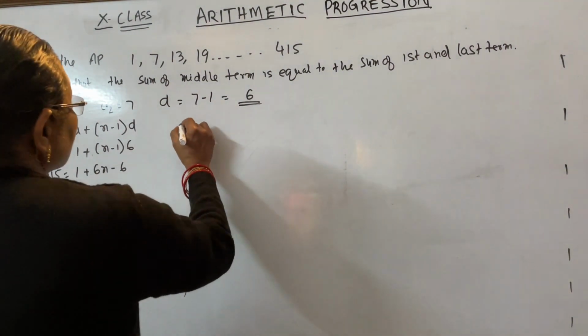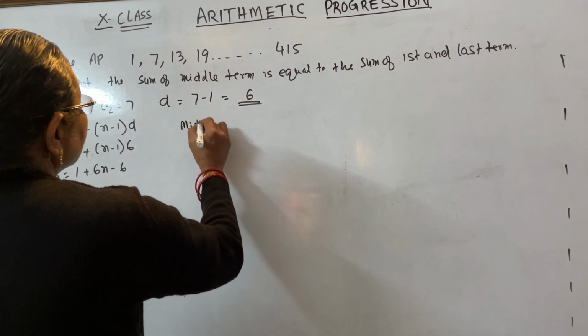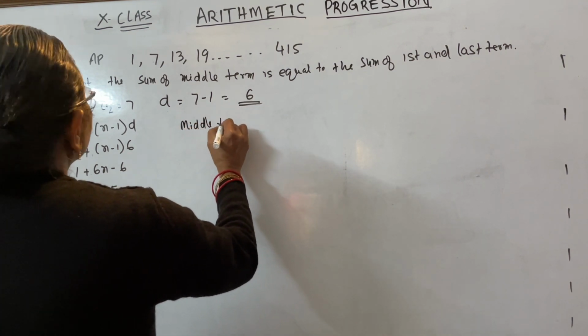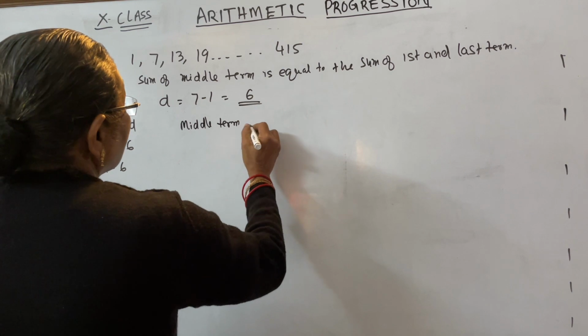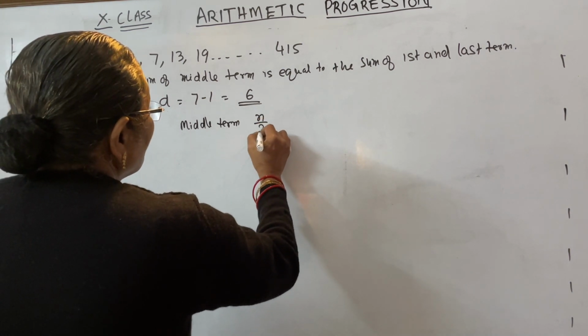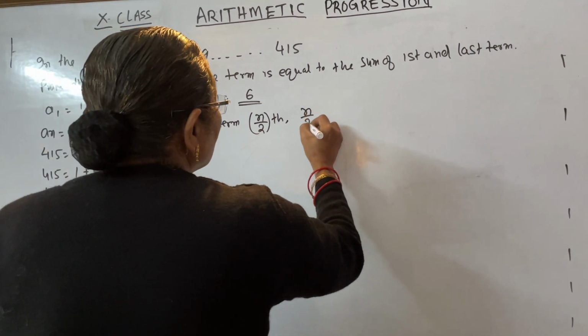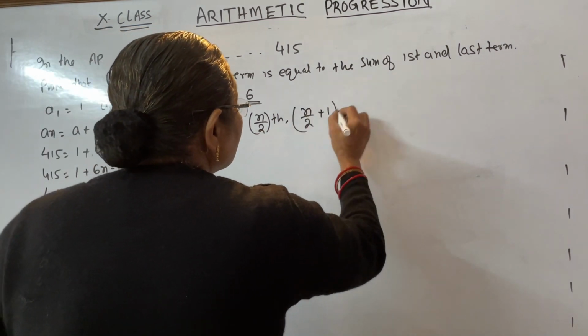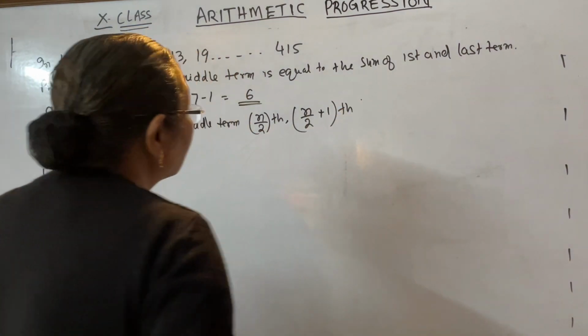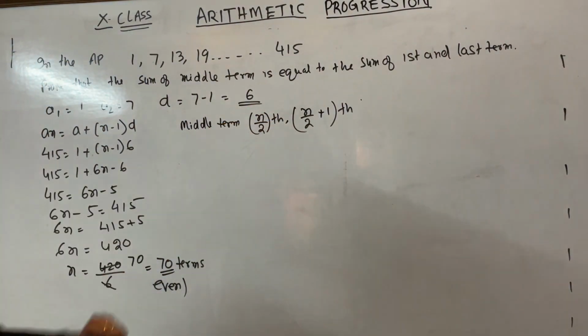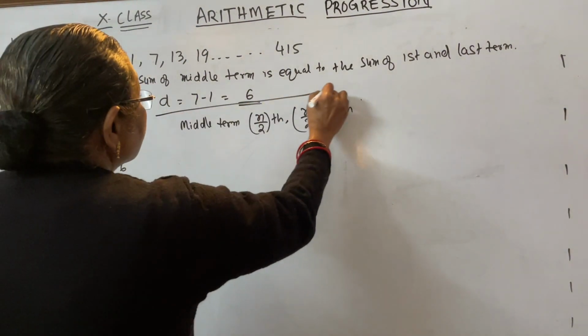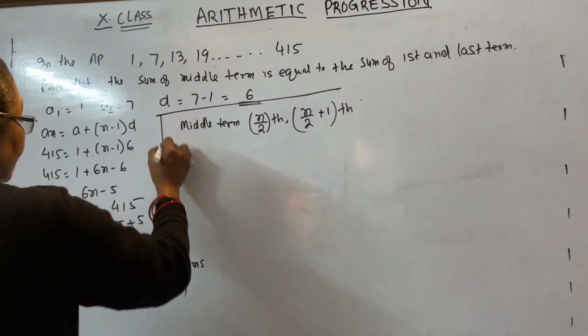So the middle terms: one will be the n upon 2th term, the other the n upon 2 plus 1 term, isn't it? Because this is even.